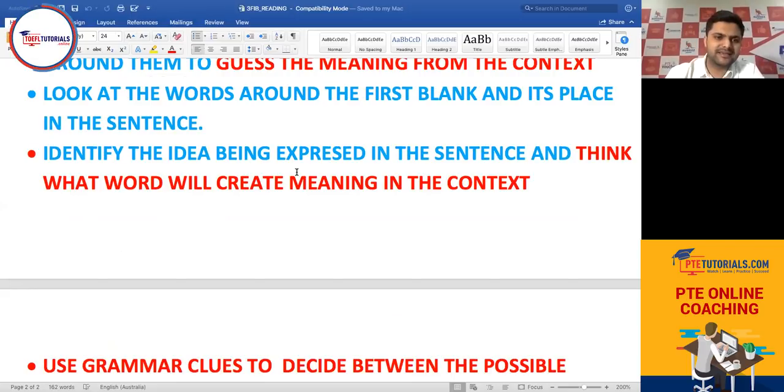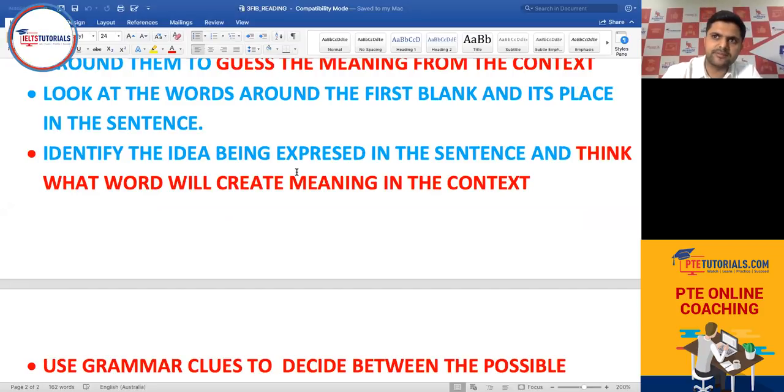Okay. Once you finish skimming the entire text, and you see some keywords that give you an idea of what the entire text is about, after that, you look at the words around the first blank and see where the blank is placed in the sentence. Is it in the first sentence? Is it in the second sentence?